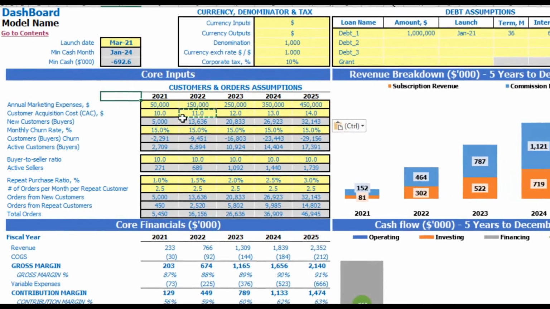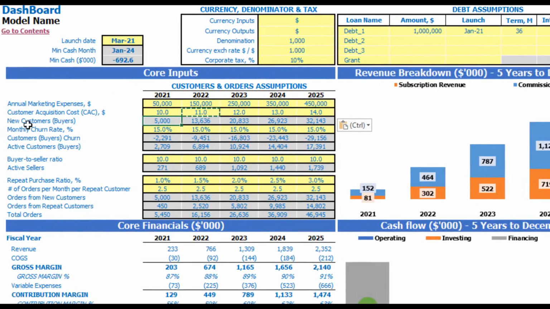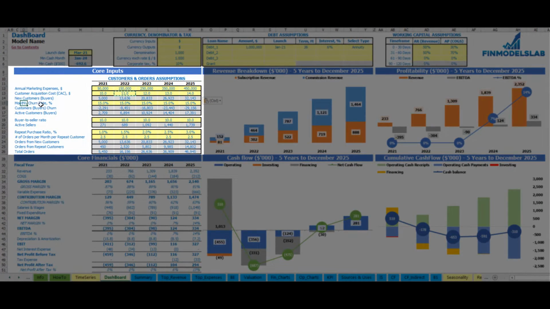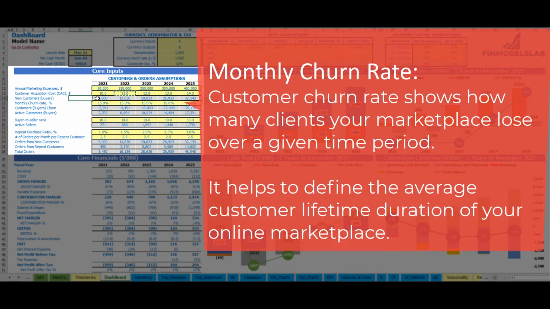Using these two drivers, you can calculate new customers or buyers in our marketplace. You may see them here in gray. The next very important KPI is monthly churn rate. All the customers tend to churn, so you should set up some monthly churn rate.